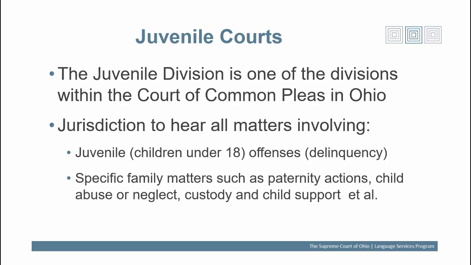They will also hear specific family matters such as paternity actions, child abuse or neglect, custody and child support, just to name a few of the other types of cases heard in juvenile courts.